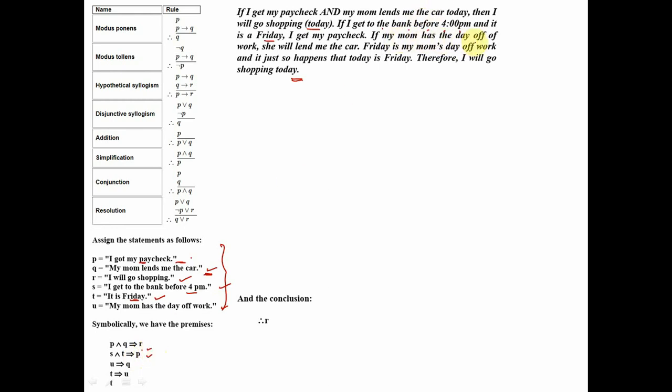If my mom has the day off of work, U, implies she will lend me the car. U implies Q. Friday is my mom's day off work. This statement actually means if it is a Friday, T, then it is my mom's day off, implies U. This is a premise. Today is Friday, T, and the conclusion is R.